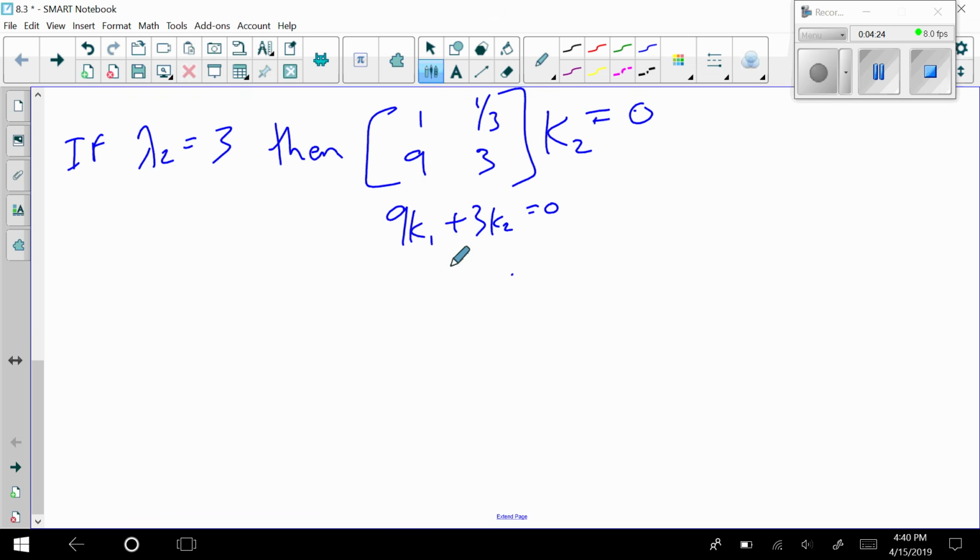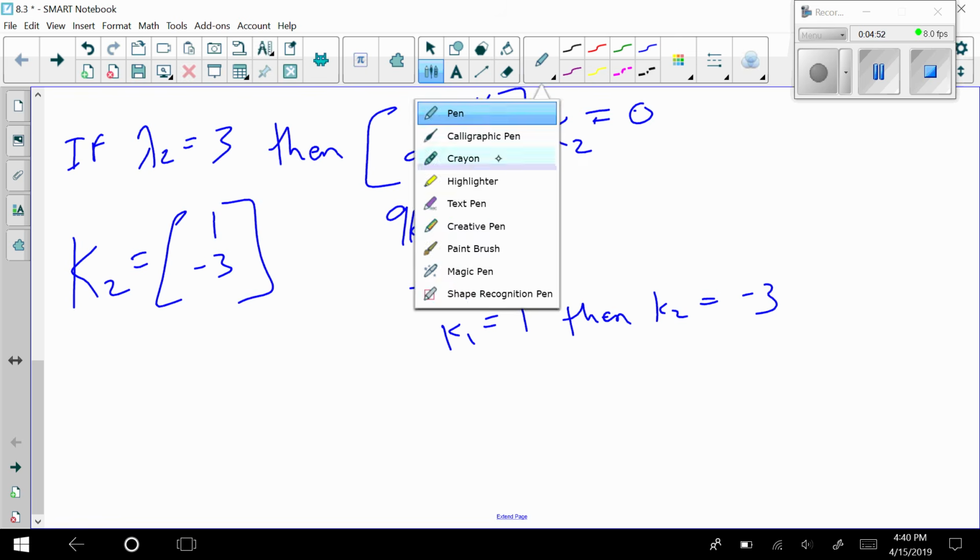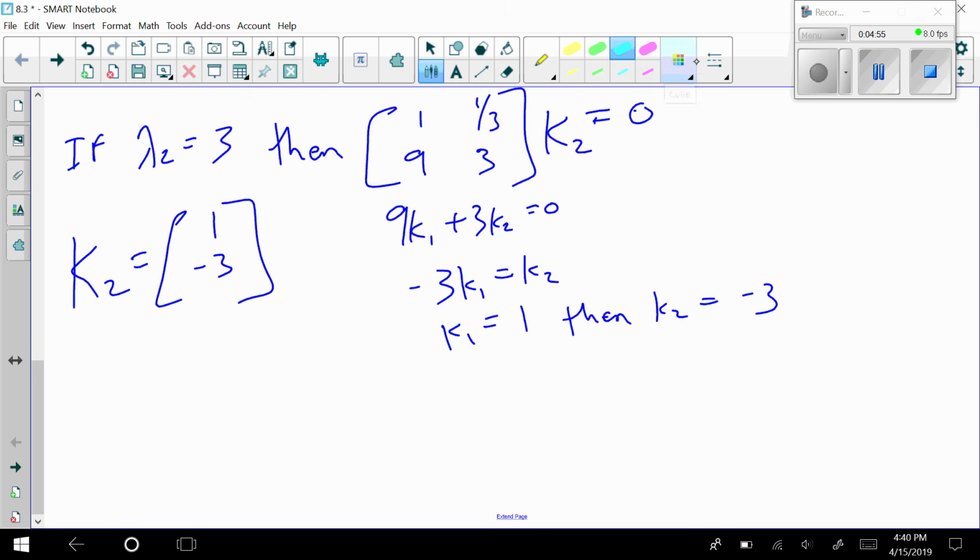Doing a little bit of solving here, I'd get negative 3k sub 1 equals k sub 2. If I let k sub 1 equal 1, then k sub 2 equals -3, which means big K sub 2 is equal to 1 and -3. And just another reminder, these two are now tied together.